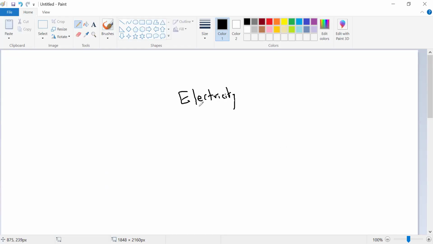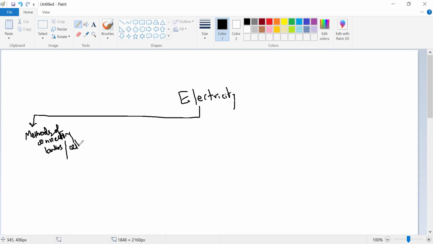So the first part is you'll be learning methods of connecting bulbs slash cells. So what are the two methods, Putha? We are going to learn parallel and series. This is the basic of electricity. You must know these parallel and series forms.